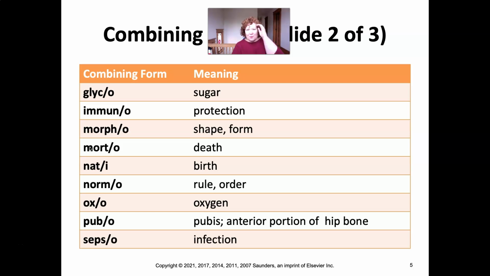Ooh, we've got one that starts with an I. Make sure you make a note of that because most everything has an O as its combining vowel. So when it's unusual like this one, you're going to want to take a note of it and try and memorize that particularly. Normo, oxo, pubo, sepso.